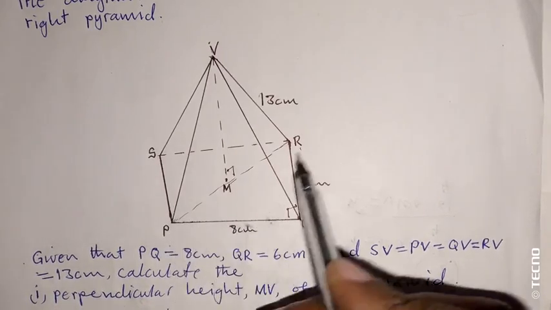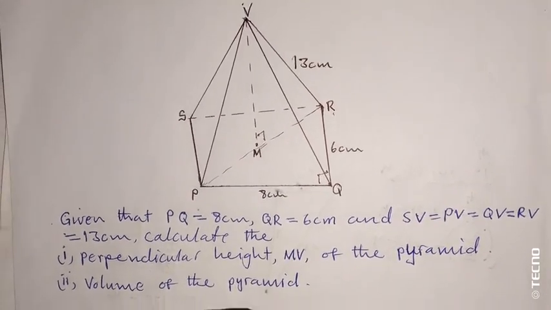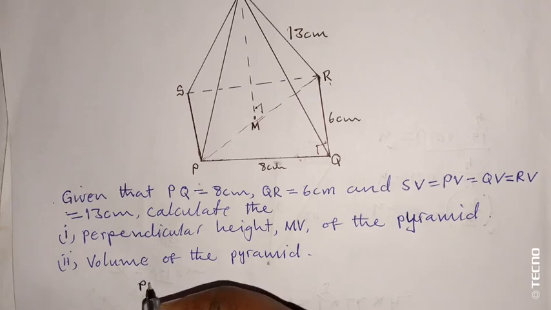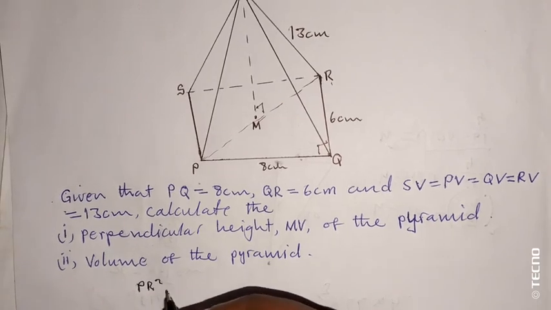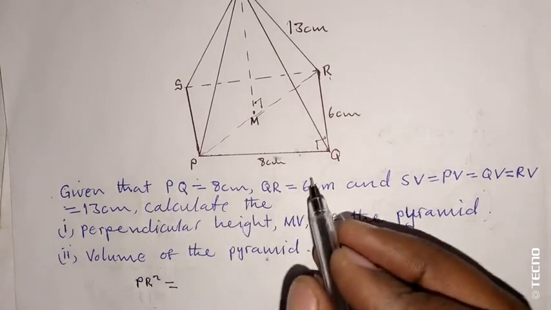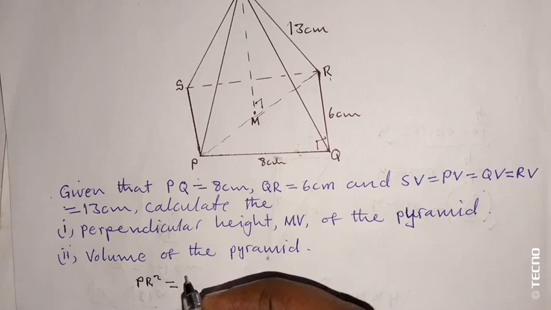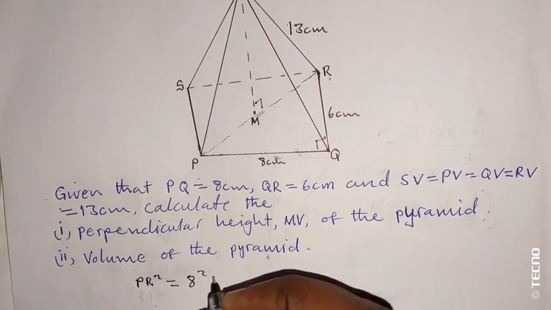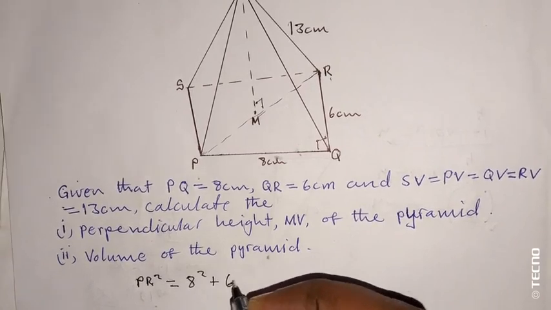So here we have PR. We say PR squared is equal to 8 squared plus 6 squared.